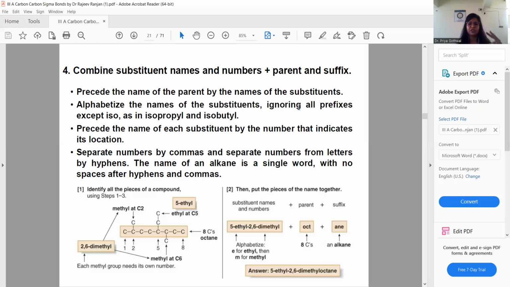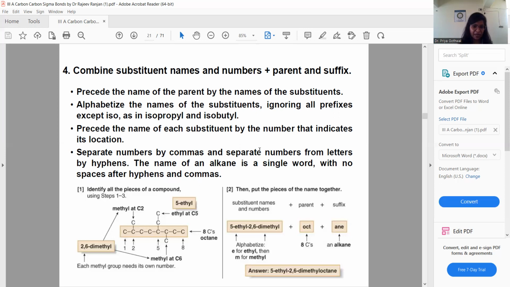These are two conditions in this nomenclature system. Precede the name of each substituent by the number that indicates its location. Separate numbers by commas and separate numbers from letters by hyphens. The name of an alkane is a single word with no spaces after hyphens and commas.